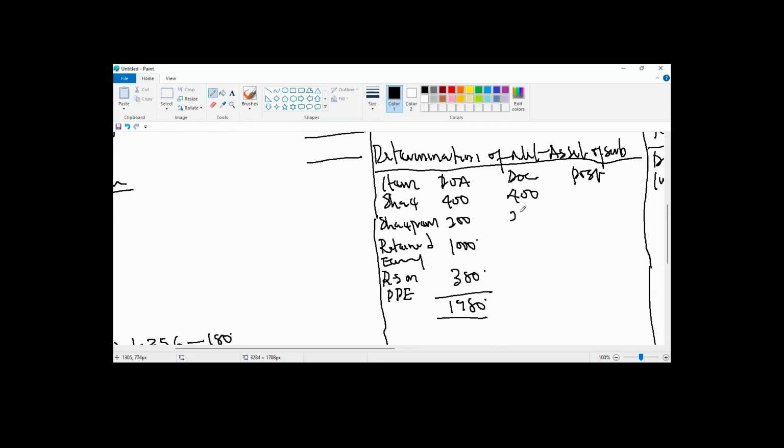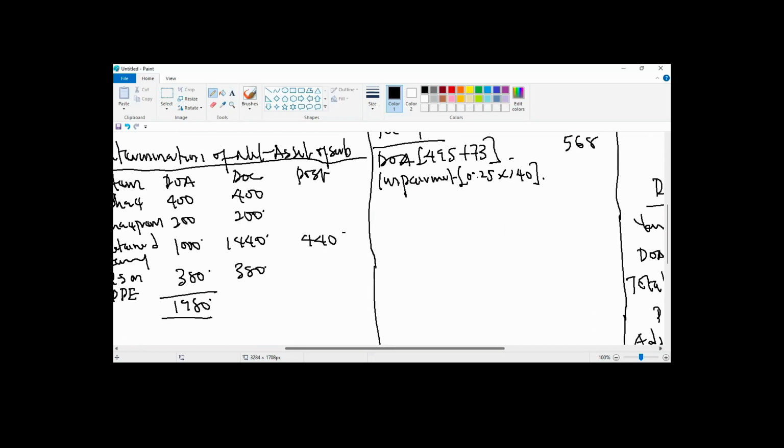Share premium, the same. 1440, 380. Both of 440 will be shared between the parent and NCI. Impairments, 0.25 times 140, 35.